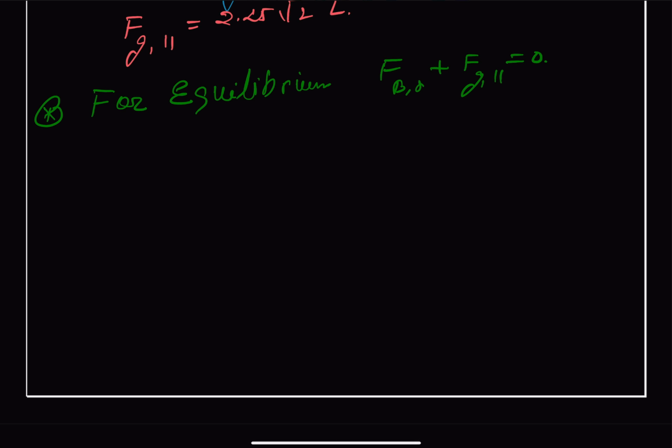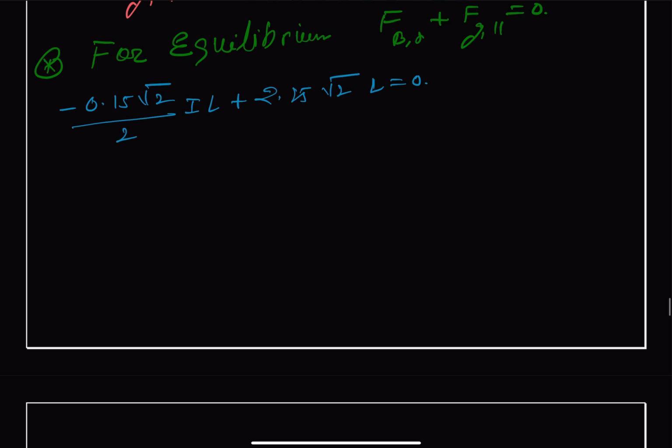We simply substitute it, and we get minus 0.15 square root of 2 divided by 2 times I L plus 2.25 square root of 2 times L is equal to 0. Obviously length cannot be equal to 0, so we can just ignore it.